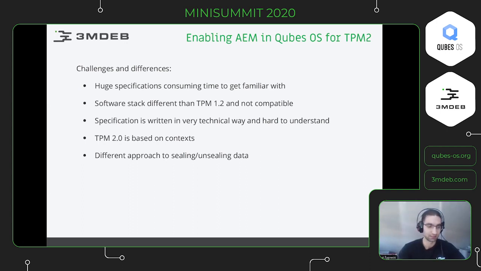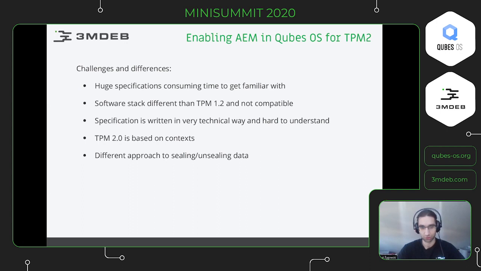Some information about how TPM 2.0 works: the whole concept of sealing and unsealing data is quite different. For example, first we create some contexts. The TPM 2.0 library is all about context. Each key creation and sealing blob creation is based on context.